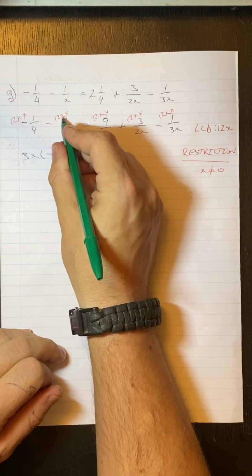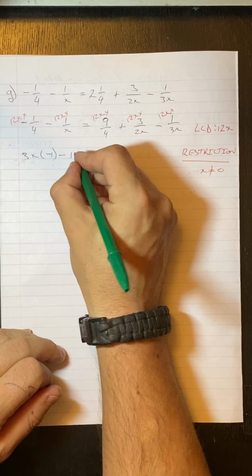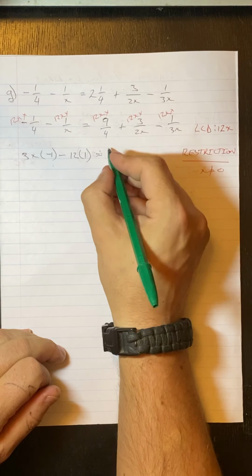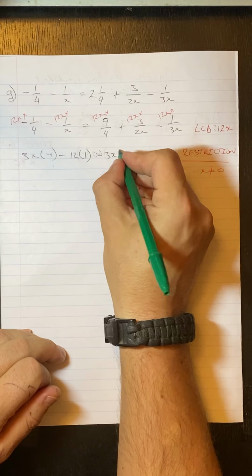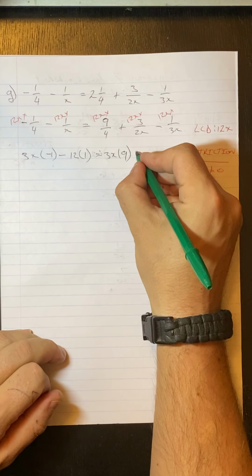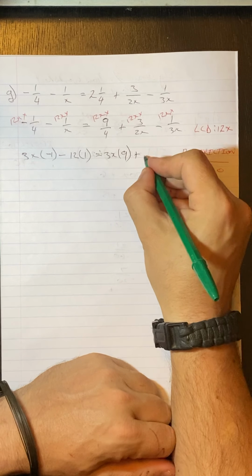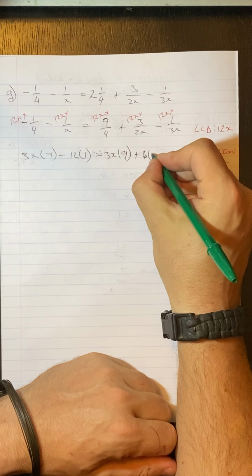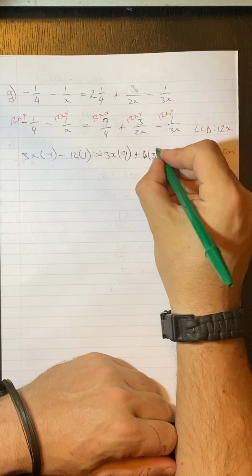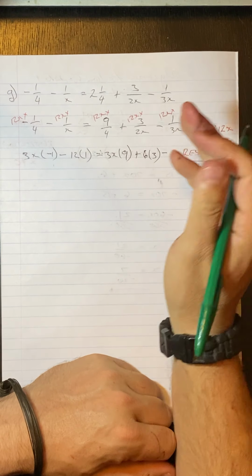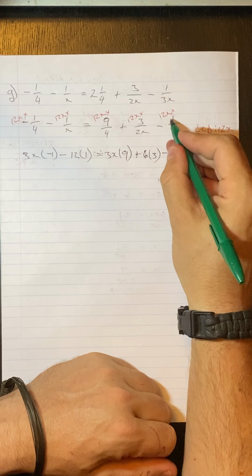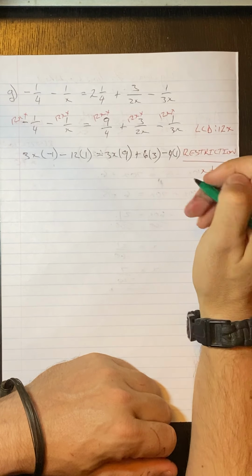Minus x will cancel with that x, and we're left with 12 times the top, equals 4 will cancel with the 12, and we're left with 3x times the top, plus 2 will cancel with the 12, we're left with 6, x will cancel with the x, and we're left with times the top. Minus, now 3 will cancel with the 12, and we're left with 4, x's will cancel, times the top.